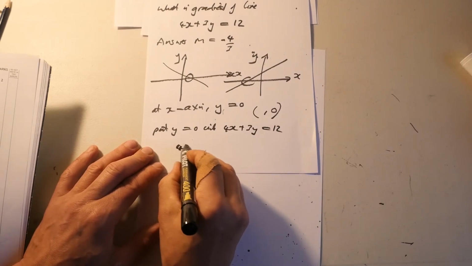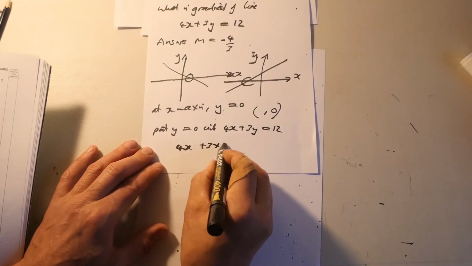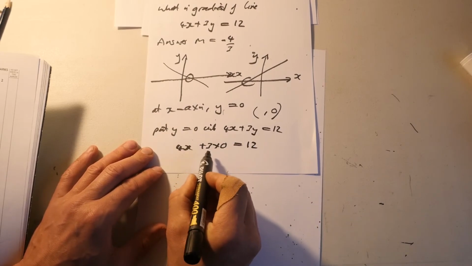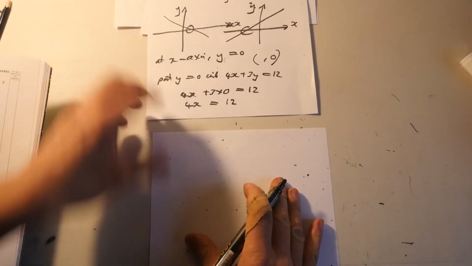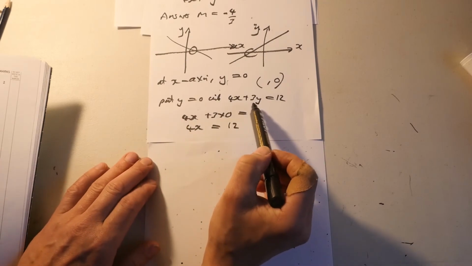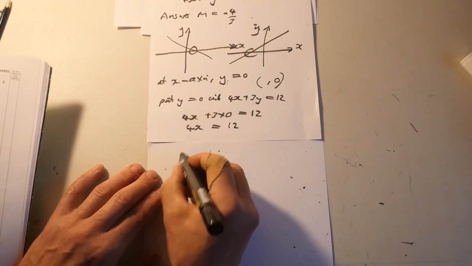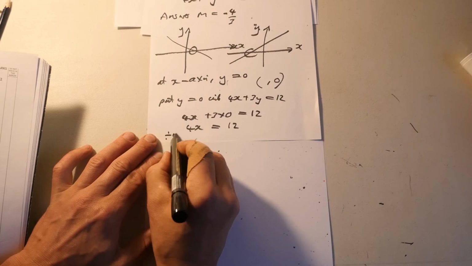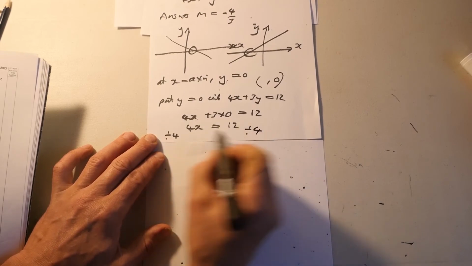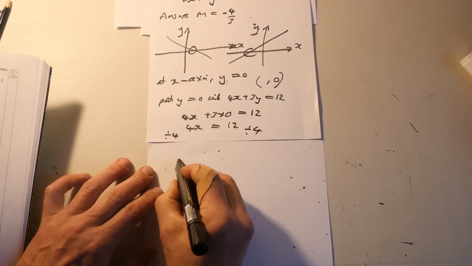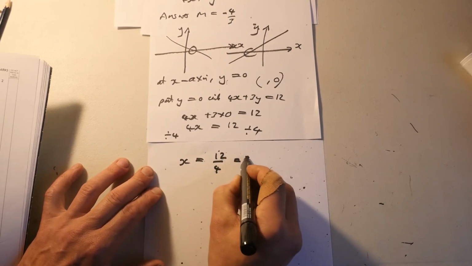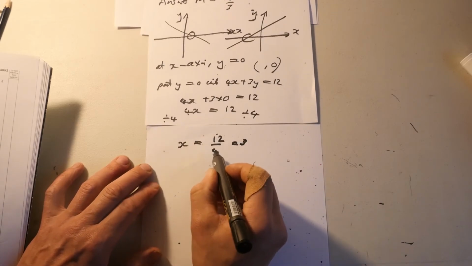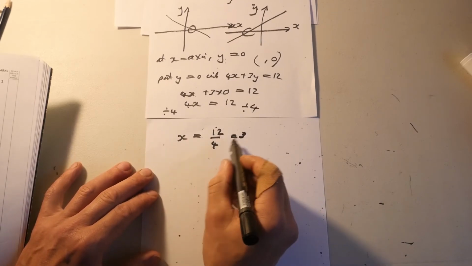So you get 4x plus 3 times 0 equals 12. 3 times 0 is 0, so you get 4x equals 12. If you then divide both sides by 4, in order to get rid of this 4, you get x equals 12 over 4, which equals 3. 3 times 4 is 12.